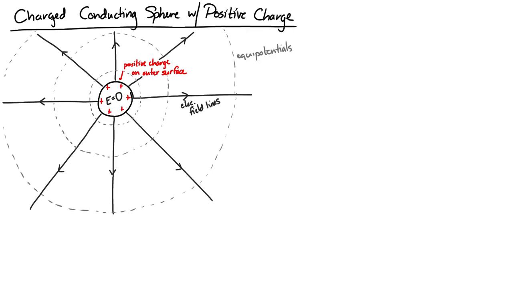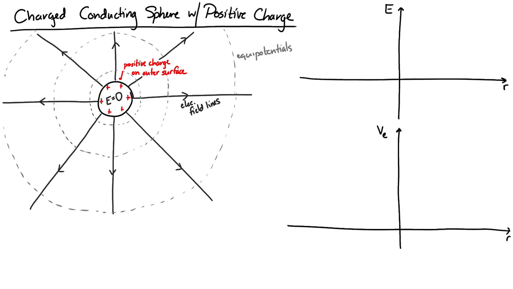All right. Let's think about the graph of the electric field and the graph of the electric potential. If I have electric field versus r here, where r is the distance from the center of the conducting sphere, inside of that conducting sphere, the electric field is zero. And then once I'm outside of the sphere, I have a graph that looks something like this.